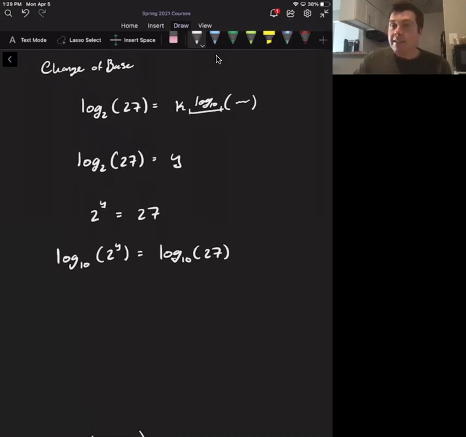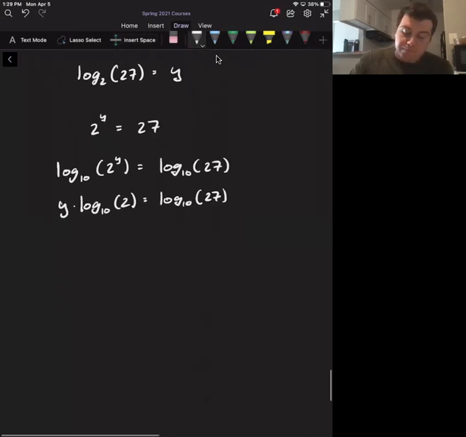That's going to let us bring down that y. So we'll get y times log 10 of 2 equals log 10 of 27. Now we'll divide the log 10 of 2 to the other side. So in essence, we've solved for y.